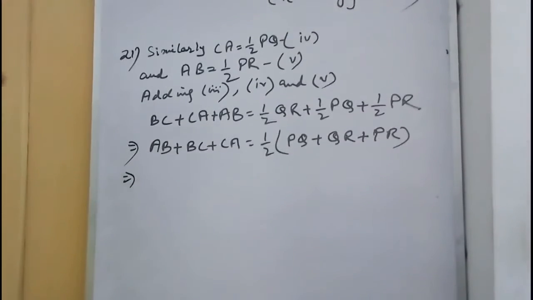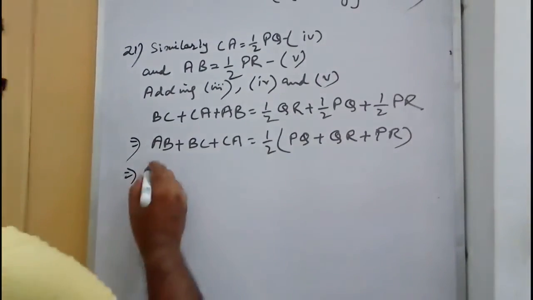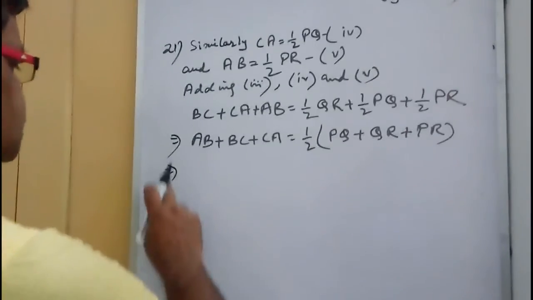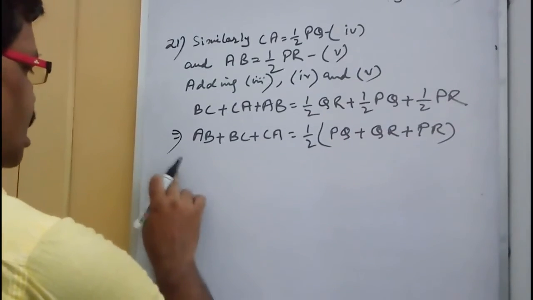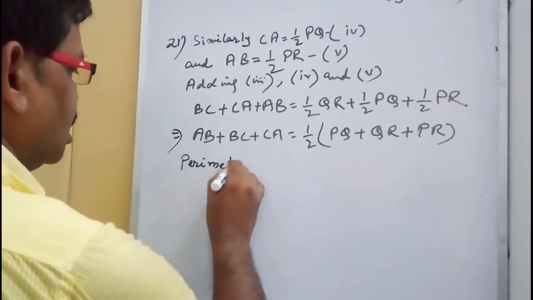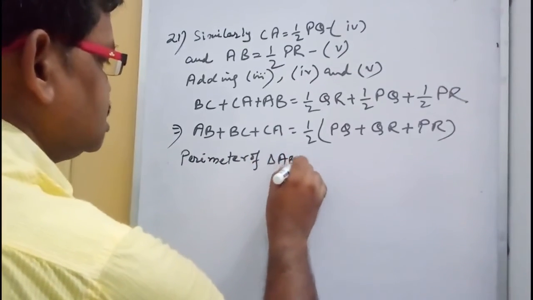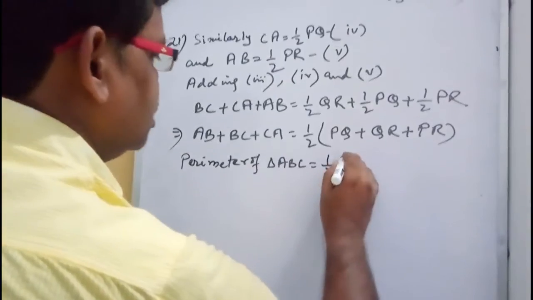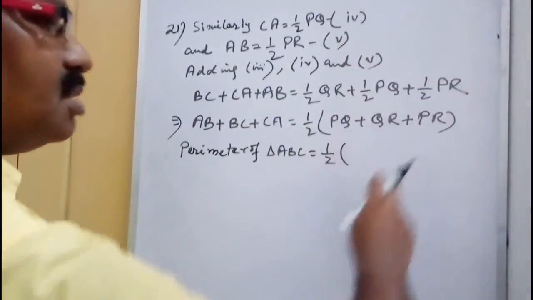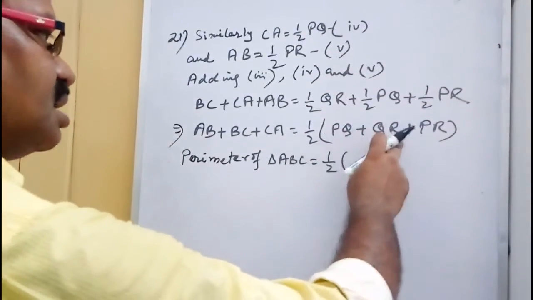So AB plus BC plus CA, that means sum of all sides, is known as perimeter of the triangle. So perimeter of triangle ABC equals 1 by 2 PQ plus QR plus PR. There is also sum of 3 sides, which is also known as perimeter of triangle PQR.